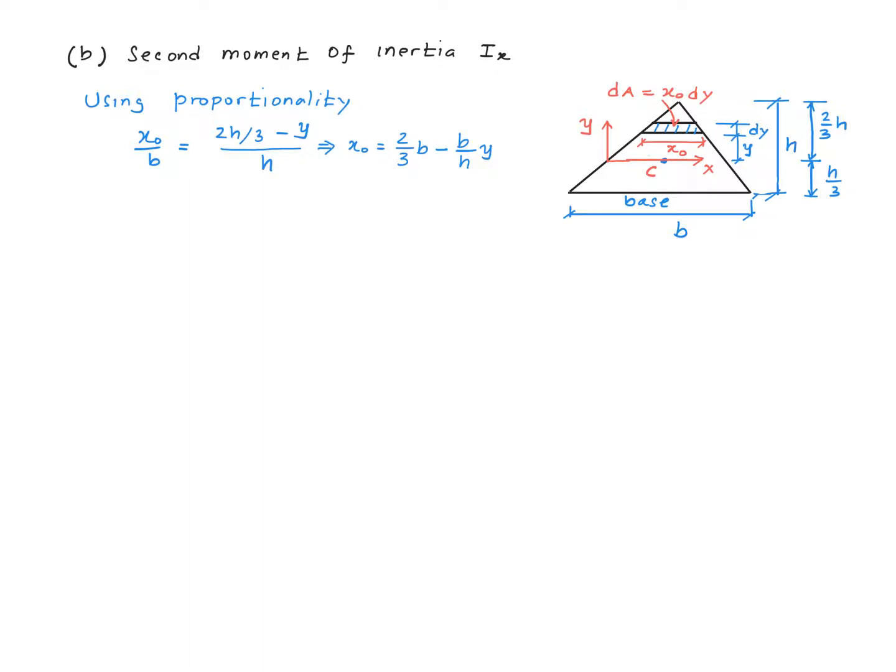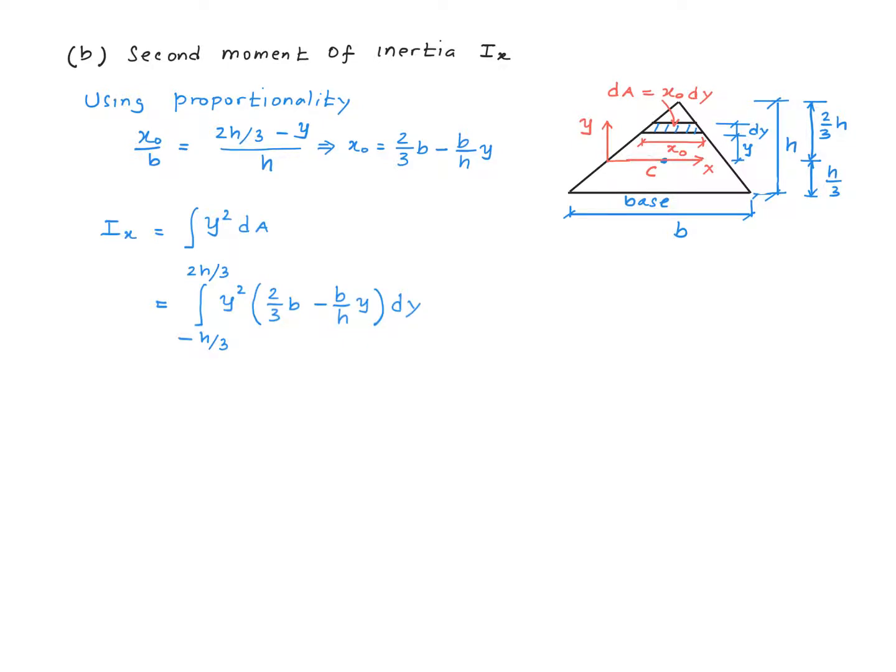dA, the area of the differential element, is x0 times dy. Now you remember the definition of the second moment of inertia, right? Ix equals integral of y squared times dA. Here is the equation after substituting this for dA. Now note the limits. The integration needs to be carried out over the entire area of the triangle, right?